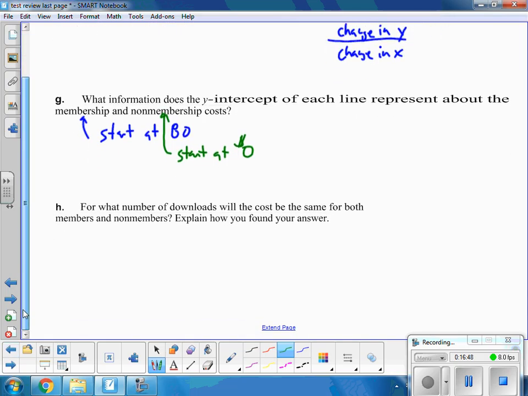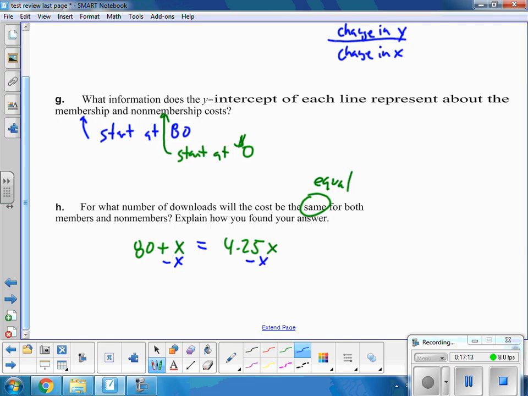And for H, what number of downloads will the cost be the same for both? Okay, the same or equal. We knew that it was $80 plus x, and then we know that it is 4.25x for the other one, and I'm trying to find when they are equal. I have x's on both sides, so I'm going to get them on the same side.